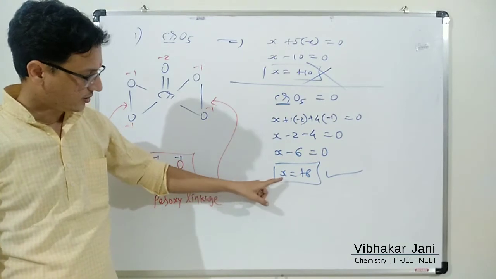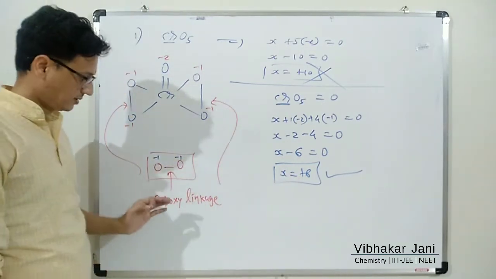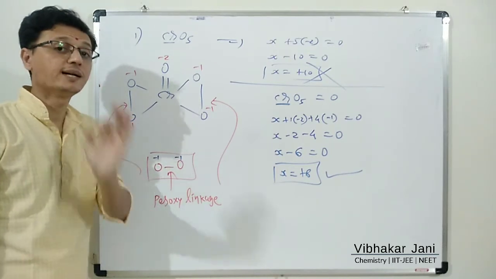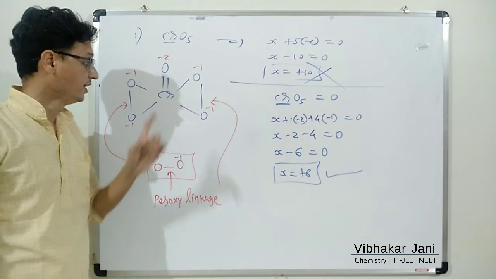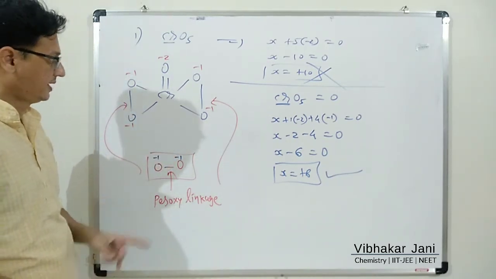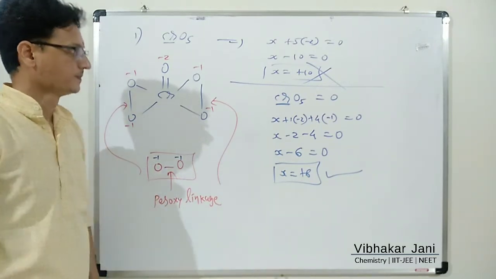Therefore, the oxidation state of chromium will be +6. So this is a compound in which the oxidation state of chromium can be calculated only after knowing the structure. Okay, so pause the video and write down what I have written on the board.